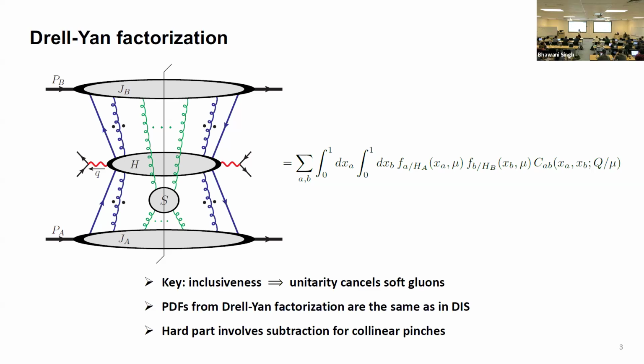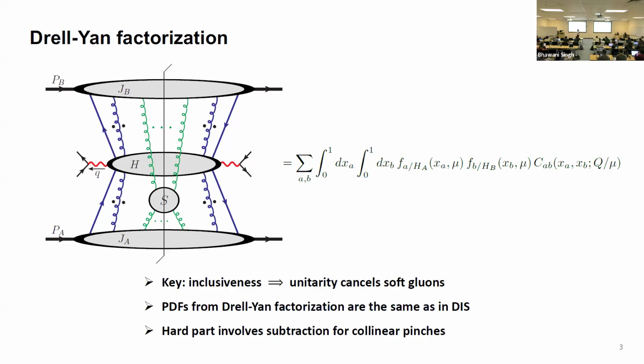And the technique for that is to see that the final state observable is only the lepton pair, plus anything else. You can allow anything that happens at the same time with the production of this lepton pair. And therefore, we can use this inclusiveness to sum over all possible states.